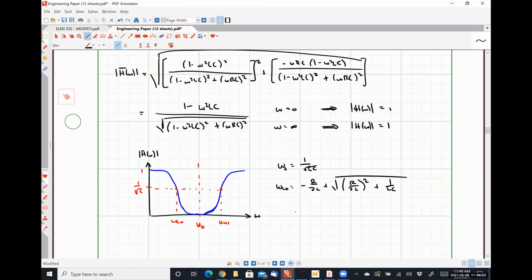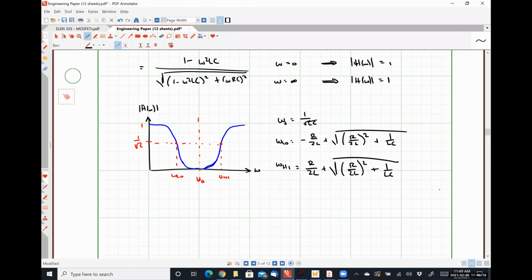And omega high is positive R over 2L plus the square root of R over 2L quantity squared plus 1 over LC. All right, last, the bandwidth, omega high minus omega low, is still simply R over L.